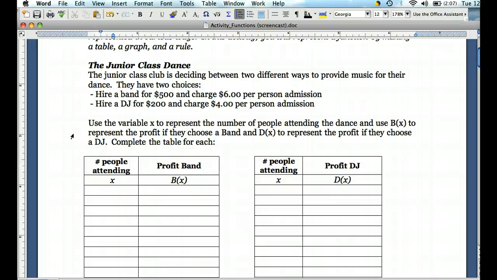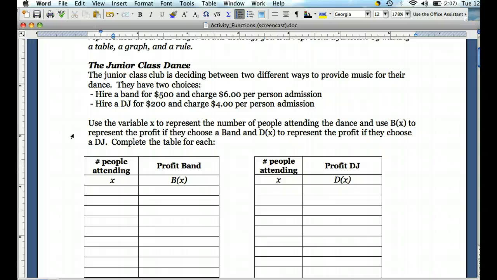So it would be $6 per person. Another option would be to go the cheaper route and hire a DJ for $200 and then charge $4 per person. And so what we're trying to figure out is which option is better for different number of people attending the dance, in terms of the profit for the club.